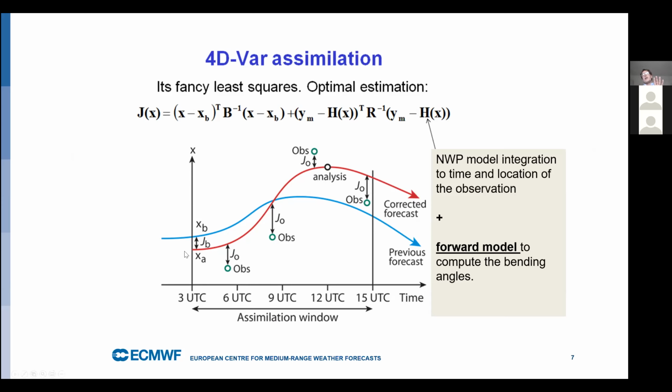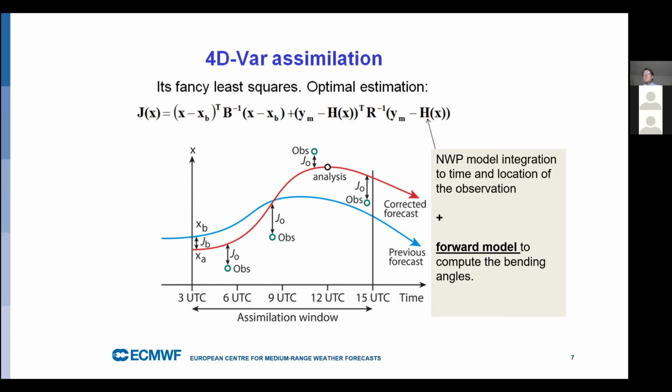And then what we do here is we will have a set of data points that vary in a time window. In this particular plot, it is a 12-hour window between 3 in the morning and 3 in the afternoon. And we try and find the model trajectory that will fit the observations throughout this time window. So the NWP model, in temperature and humidity space, is used to interpolate to the observation time and location.